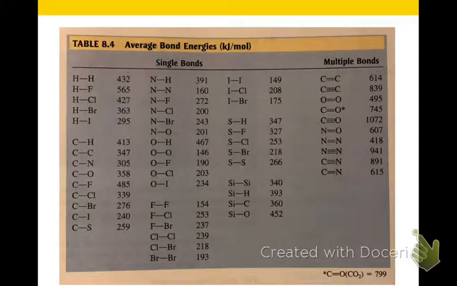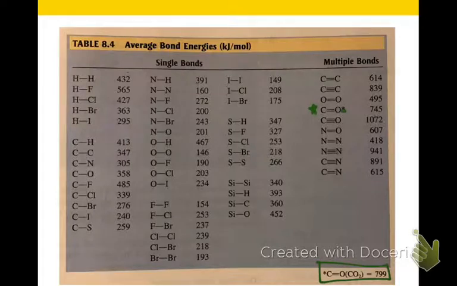I do want you to take note of one item on here, and that is the C double bond O, where we have that little asterisk, and so that asterisk takes you down to the bottom of the table, and I'll box this out. Anytime that you have the C double bond that's in the carbon dioxide molecule, the bond energy is going to be a little bit higher than C double bond O that would be in other compounds.